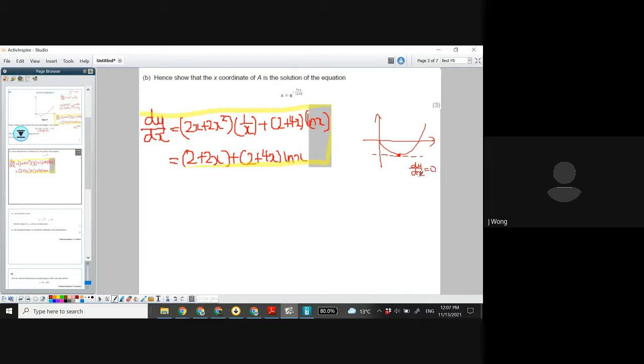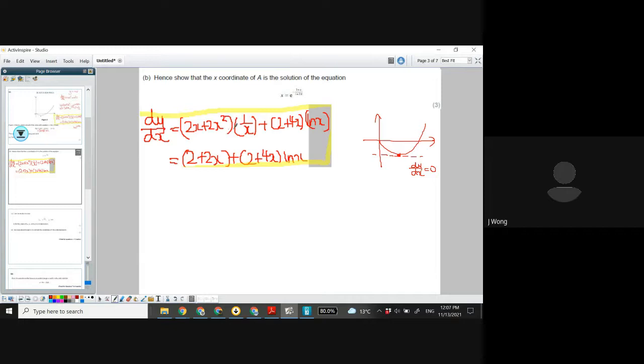Bear in mind that dy/dx is the general gradient function. So I could just set that equal to 0 and then solve for it.